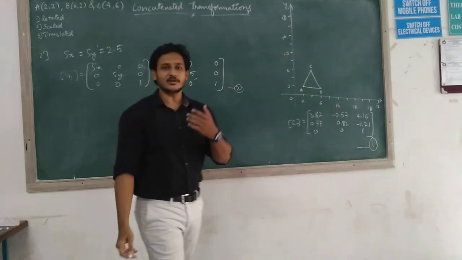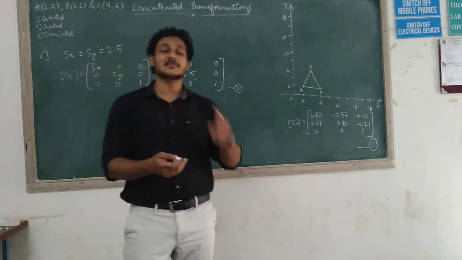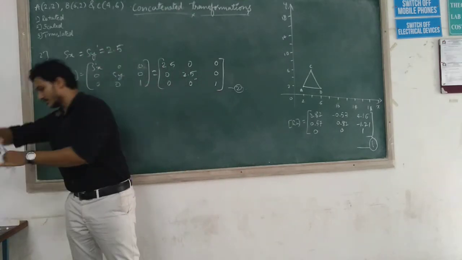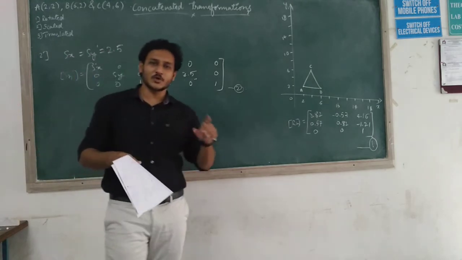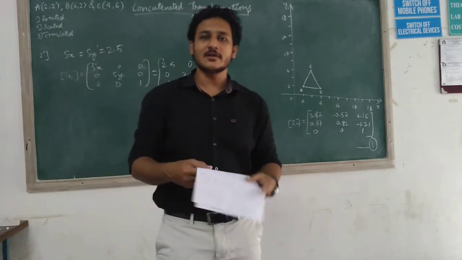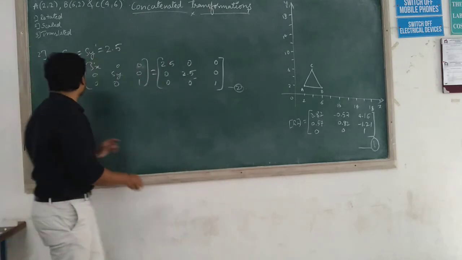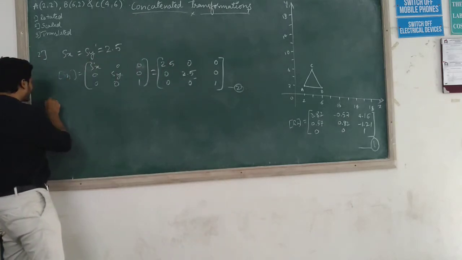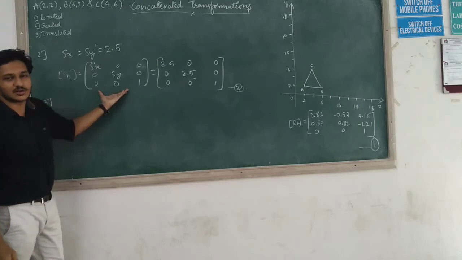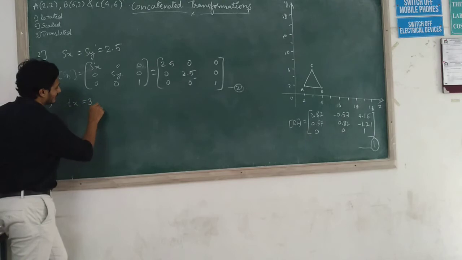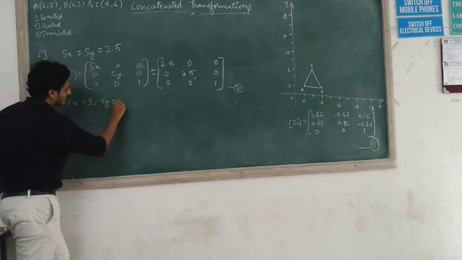Then we translated the body 3 units in the x-axis and 5 units in the y-axis. So next comes translation. We have to find out the translation transformation matrix. Tx is 3 and Ty is 5.